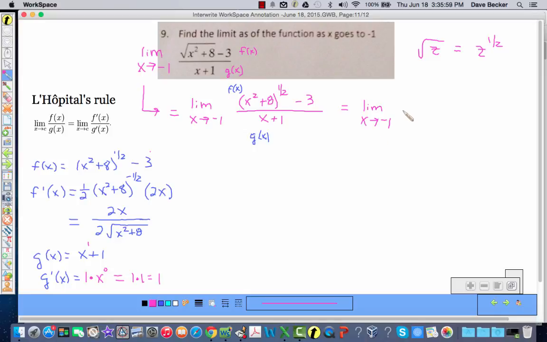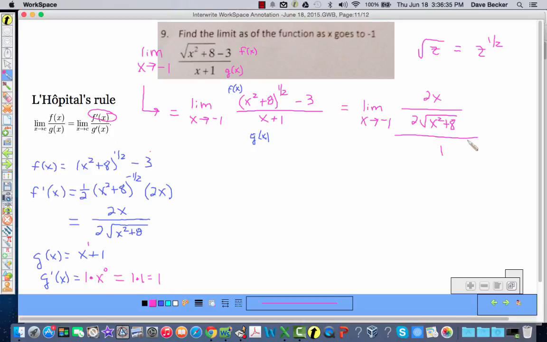So now things are working out swimmingly because I'm going to use L'Hopital's rule and take the limit of, as x approaches -1 in this case, of the derivative of f of x, which is 2x over 2 times the square root of x squared plus 8, divided by the derivative of the function in the denominator, x plus 1, which we found to be equal to 1, okay?